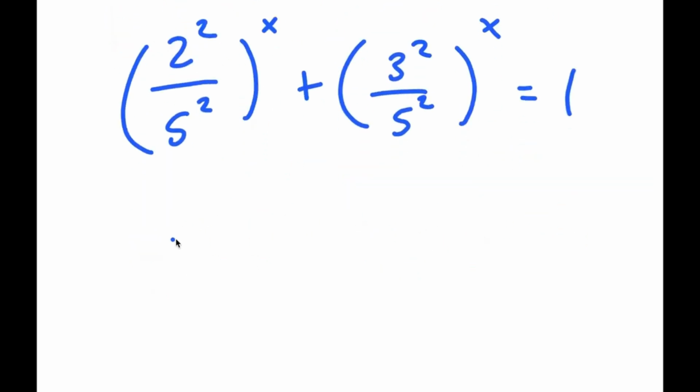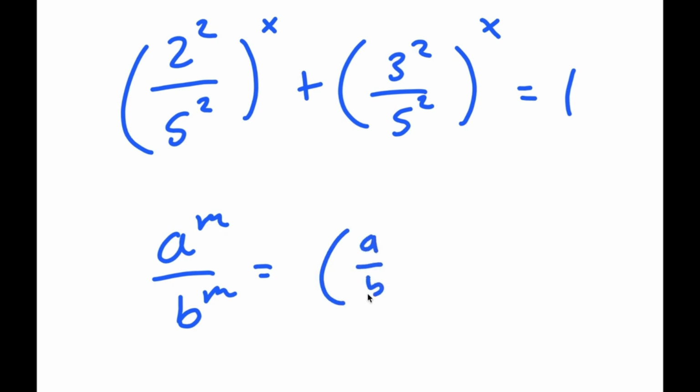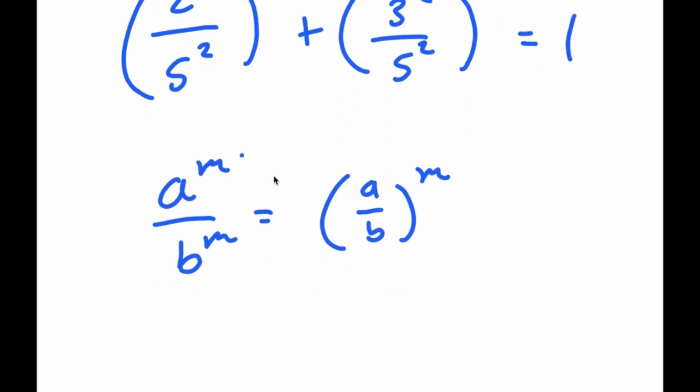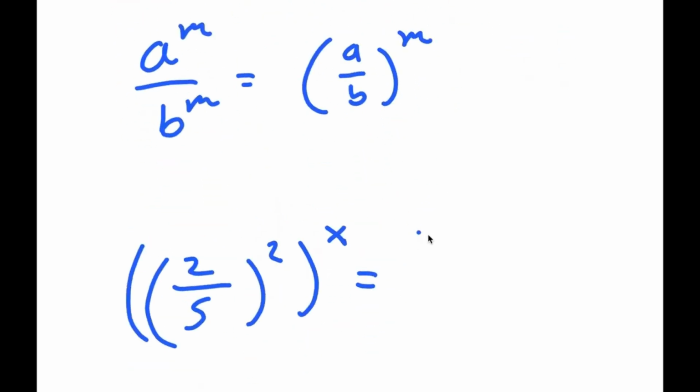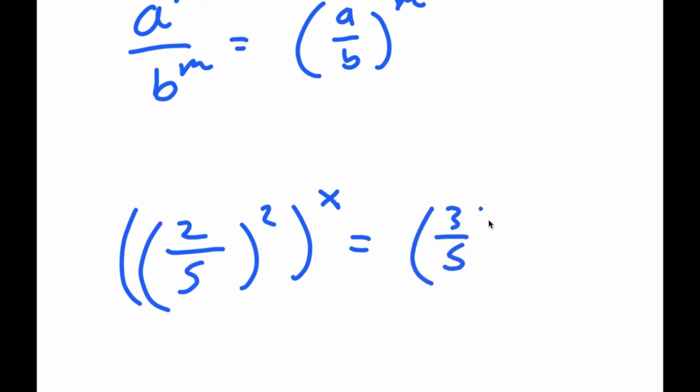And now, if I have something in the form a to the power of m over b to the power of m, remember, this is equal to a over b to the power of m. So 2 squared over 5 squared turns into 2 over 5 squared. And the same thing with 3 squared over 5 squared. So I get 3 over 5 squared.